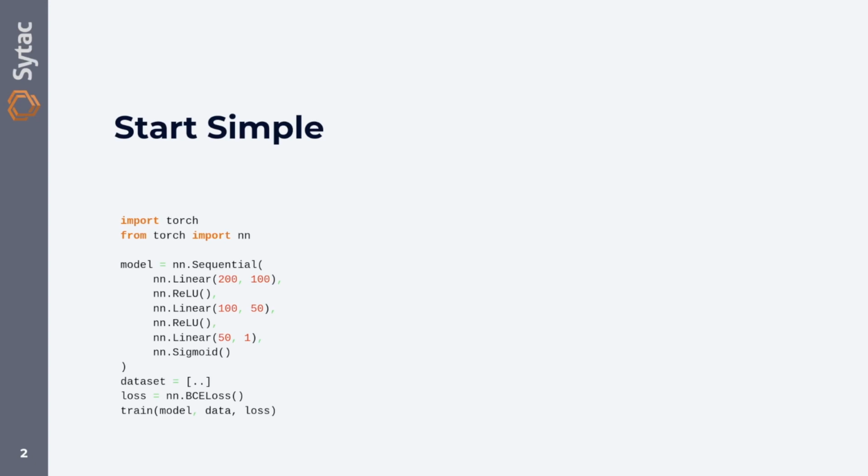So we create a model, we create a function. This is a super simple function. This only has 3 layers. This is basically the type of neural network that you learn in school, just a 3-layer perceptron.